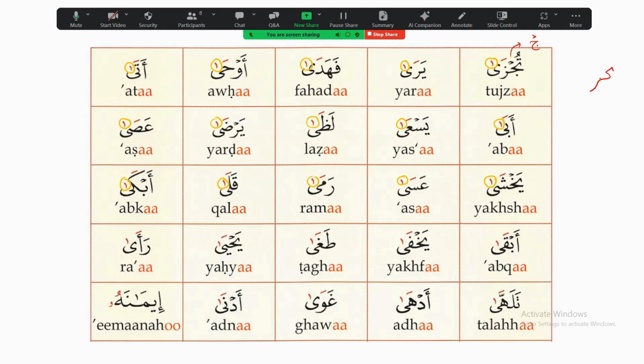But still, for those of you who might get confused with it and say that okay, this was supposed to be written like this, tujza, because we have learned that the letter that has a fatha, it will appear on the side of that letter. So you would be saying, okay, how come there is a ya written here and then there is this symbol? So aren't we supposed to say tujzaya, right? So we are not supposed to do that.